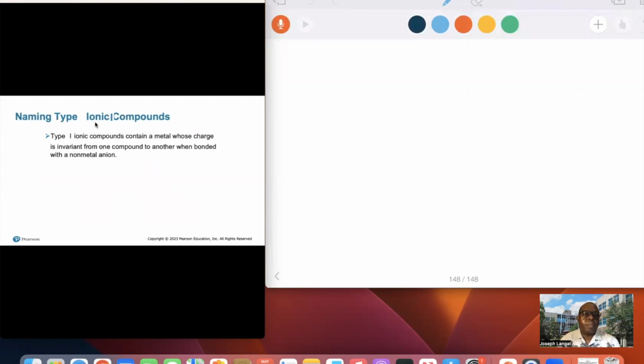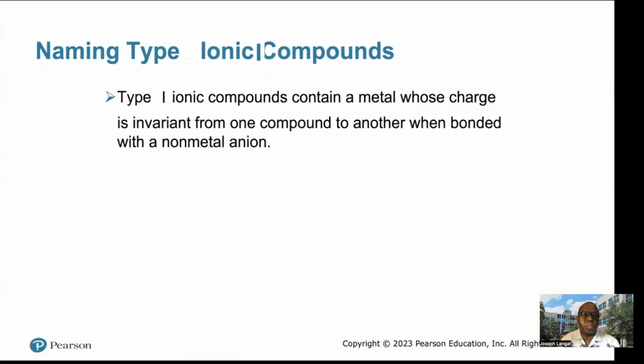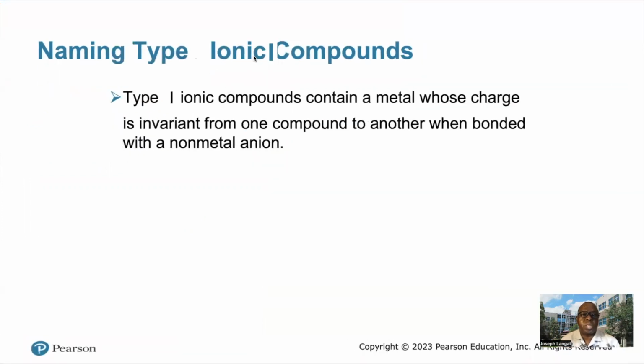Naming type 1 ionic compounds. This should be naming of type 1 ionic compounds. Type 1 ionic compounds contain a metal whose charge is invariant. What this means is it is predictable. So for main group, we can predict the ionic charges.